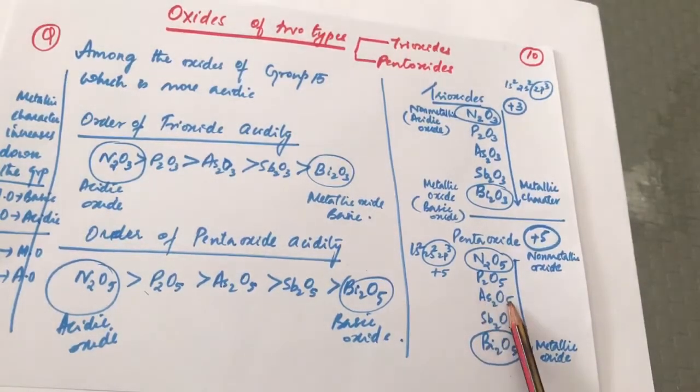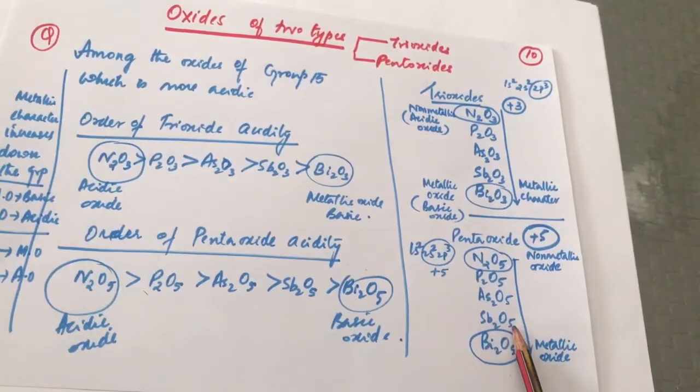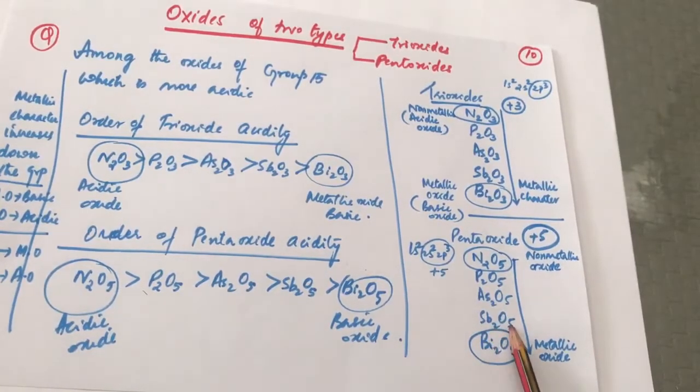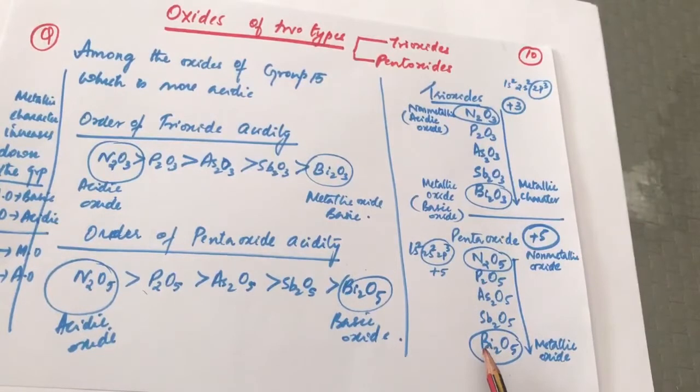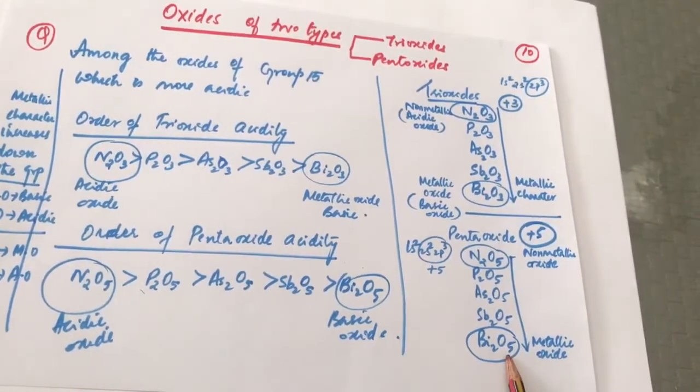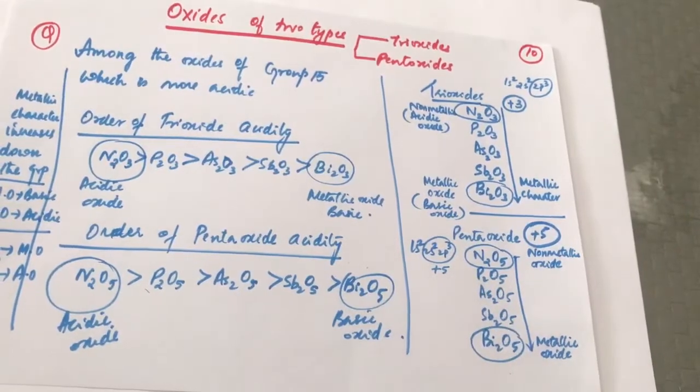Arsenic 5, oxygen 2, As2O5. Sb5O2, so Sb2O5. Bismuth 5, oxygen 2, so bismuth pentoxide is Bi2O5. I hope you understood how to write the formula.